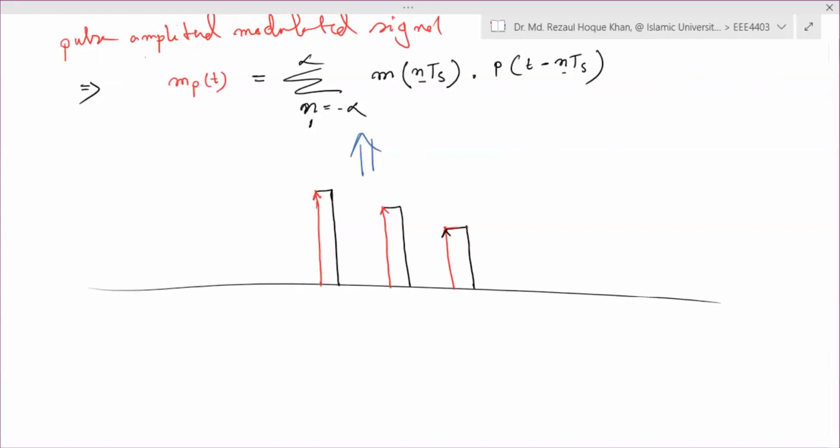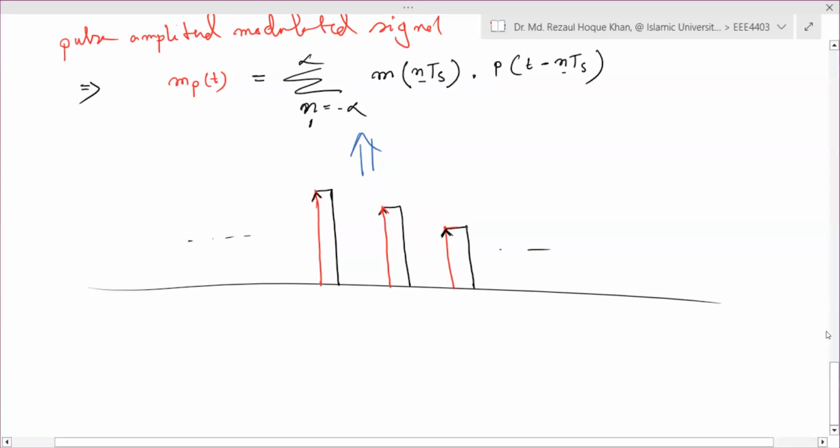So we can think of that as the original impulse stream, and this impulse stream is convolved with the pulse, because we have our original stream of impulses.